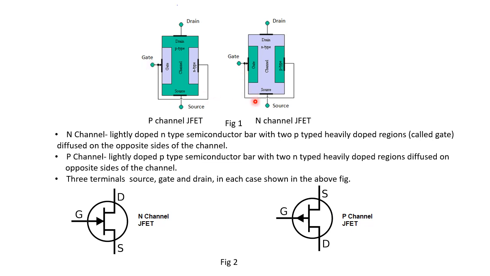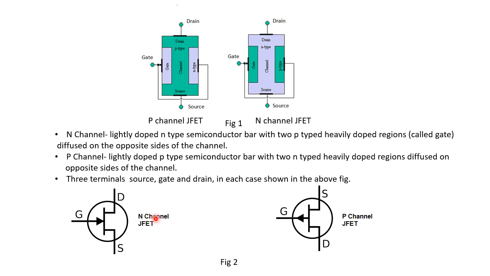Similar is the case with the N-channel FET. Now in figure number 2, the symbols of N-channel FET and P-channel FET are shown. In the symbol, the channel is shown by a single vertical line. This is the source terminal, and on the opposite side is the drain terminal, and in between there is a gate terminal.